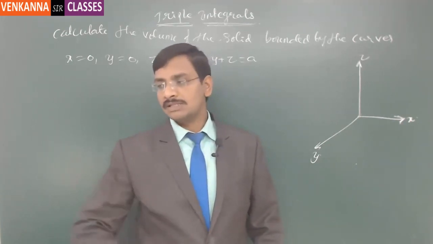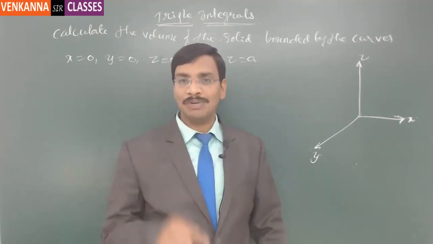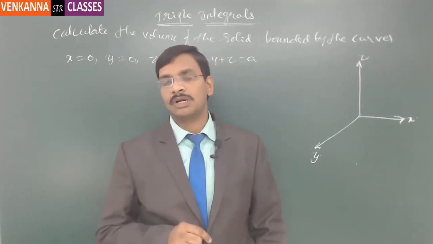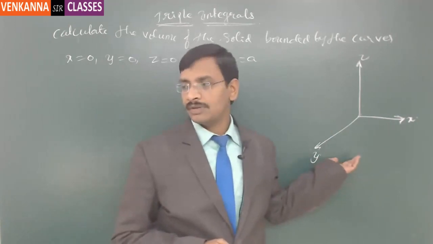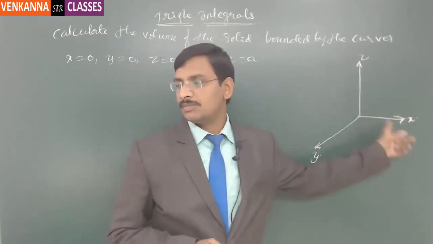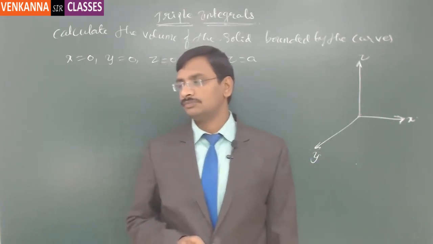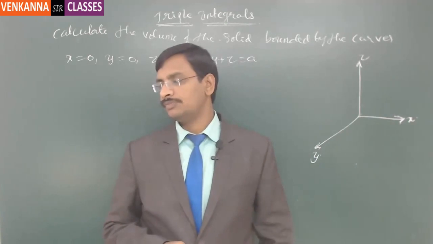Exactly in a similar manner, in 3D, x is equal to 0 represents the yz plane, not a straight line, right? Similarly, z is equal to 0 is the xy plane, and y equal to 0 is the xz plane. I hope everybody understood that fact. Got it? Right?